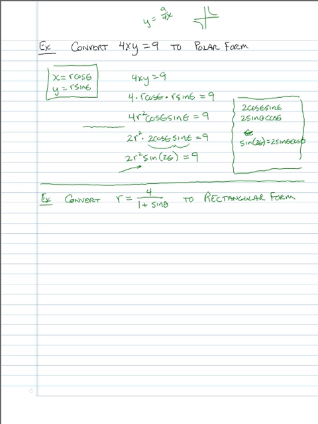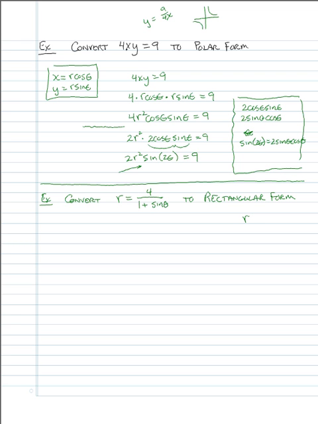Now, here we have to work differently. Sometimes we have to be a little more efficient or a little more clever, because we only have so many tools. What we're trying to do is get x's and y's.